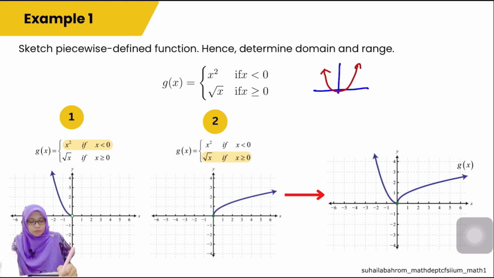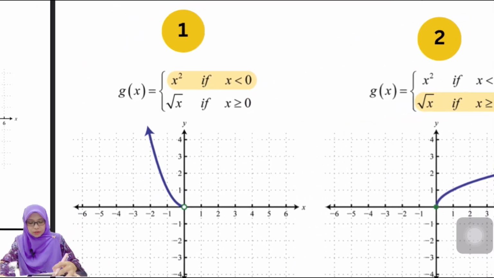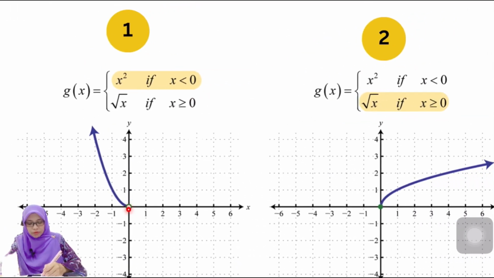The domain should be from negative infinity until infinity. But now, since we want only x values less than 0, which does not include 0, we have to put a hole at x equals 0 and move to the left side.